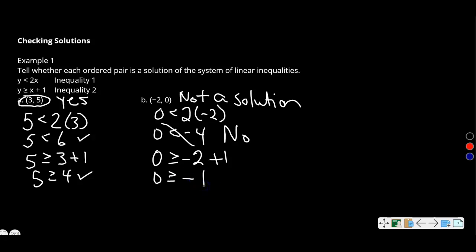Is 0 greater than or equal to -1? The answer to that is yes. So (-2, 0) is not a solution to the first inequality, but it is a solution to the second inequality. But it makes it not a solution to the system if either one of these is no. So that's why we could go ahead and answer the question after checking the first inequality before we checked the second one.